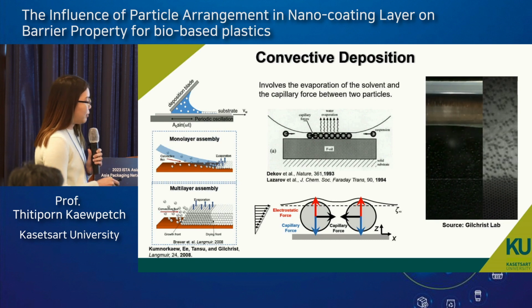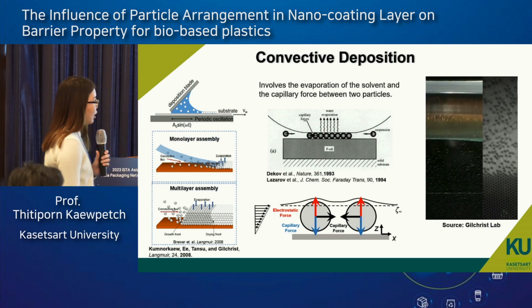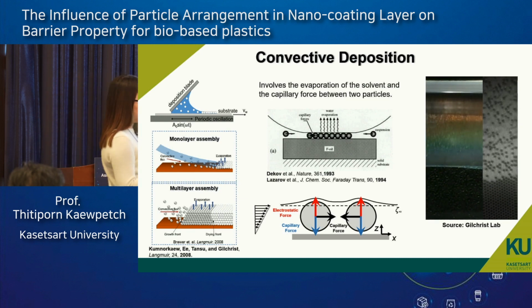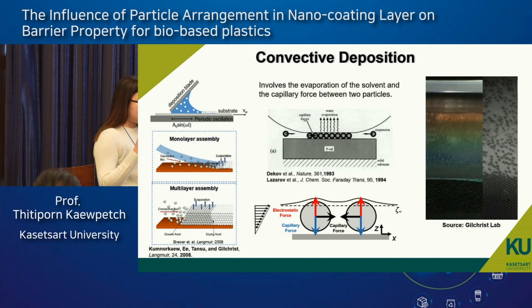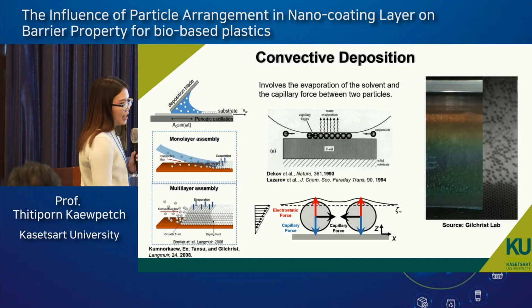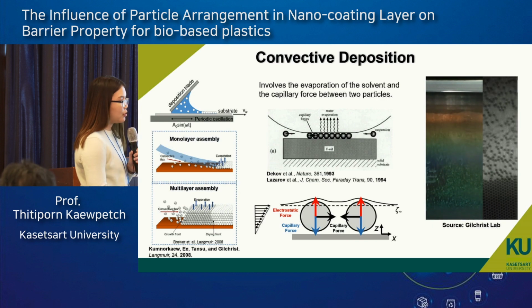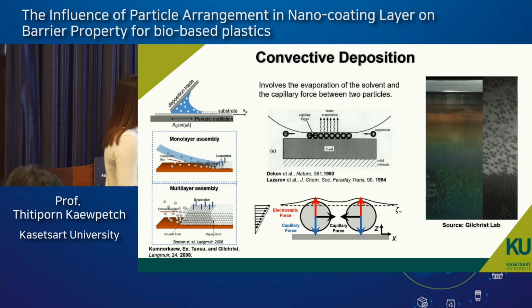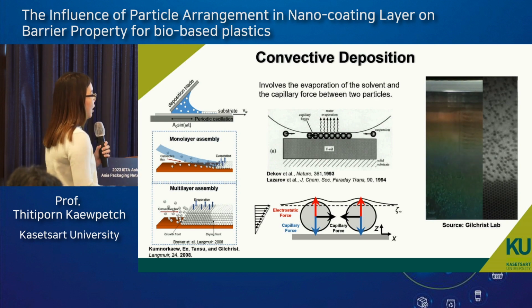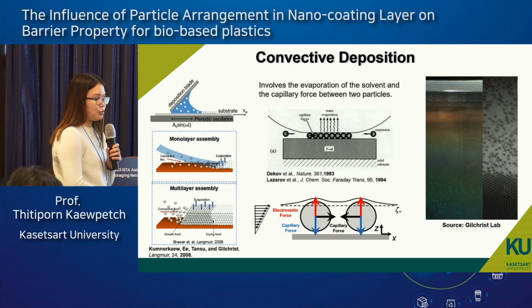It is because of the capillary force. When two particles are close to each other, the distance between them induces a capillary force, which pulls the two particles together and forms an ordered structure.